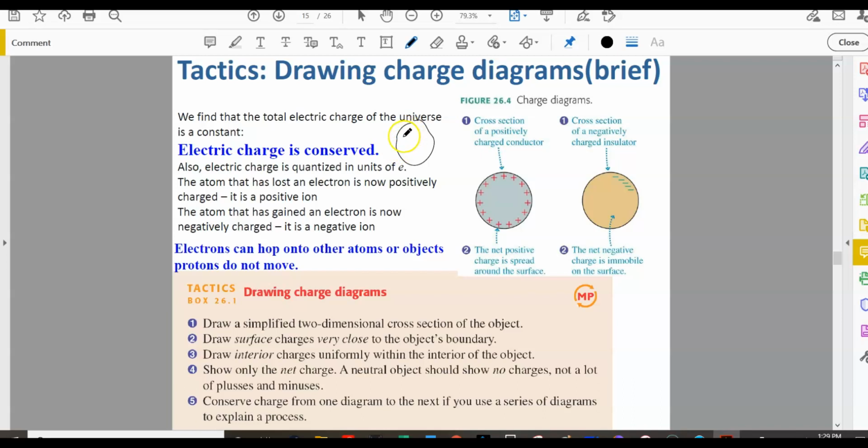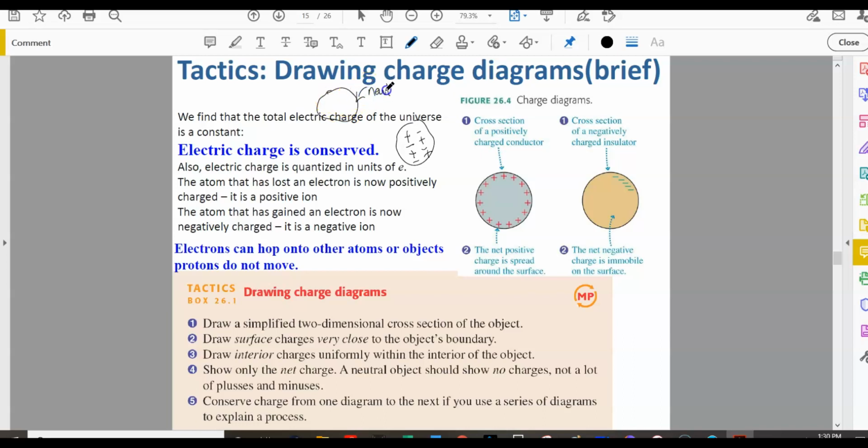And not only that, you don't want to draw all your positives and negatives on this object, okay? Because it starts to get really busy and it's really hard to follow. So really, if you have an object that is just blank, we're going to assume that is a neutral charge.